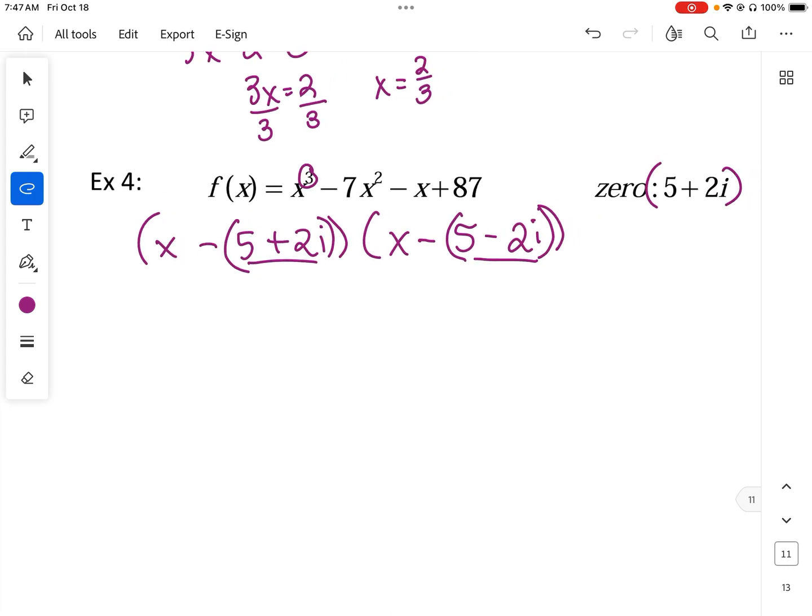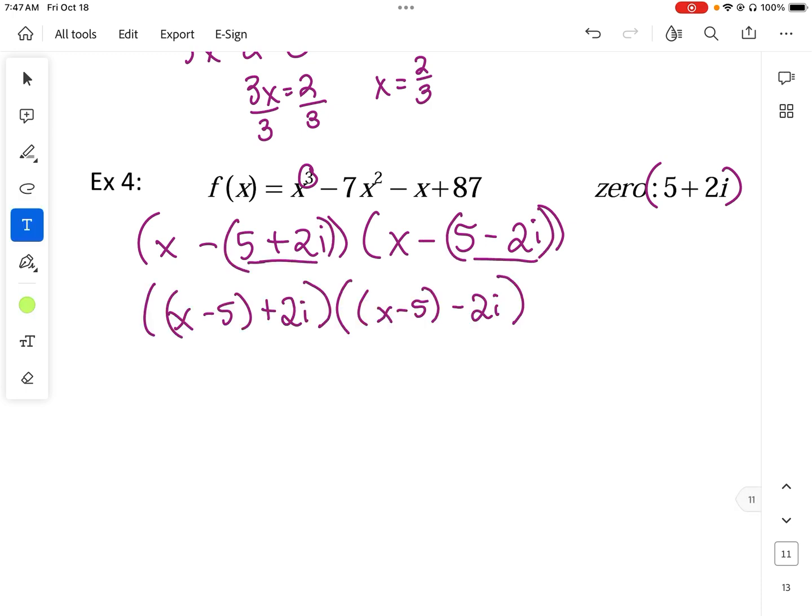All right, so now I'm going to do some rearranging. I am going to change this to x minus 5 and then plus 2i. And I'm going to do the same thing over here, x minus 5 and minus 2i, like that. Okay, so now I'll FOIL. So we're going to do x minus 5 times x minus 5.